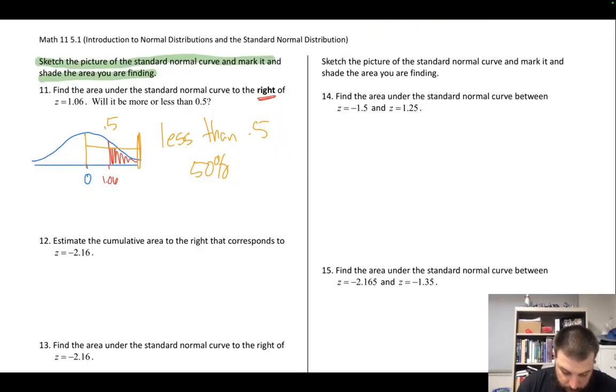And so if we're looking for the right side, it then becomes 100 minus 85.54, or 1 minus 0.8554, and we get what? 14.46%. And that is definitely less than 50%.